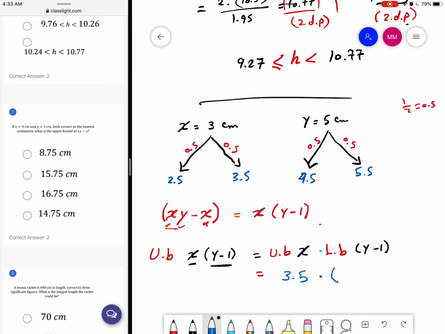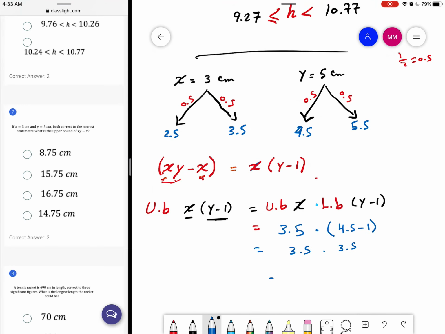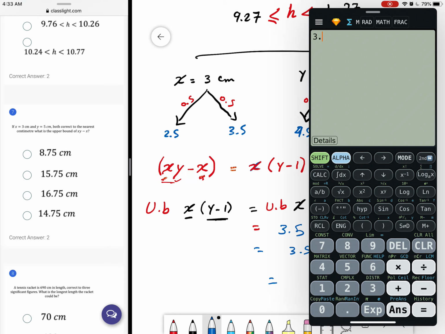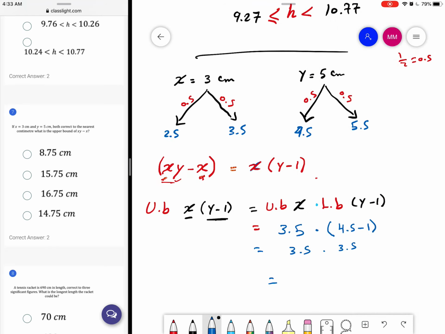So lower bound of y is 4.5 minus 1. 4.5 minus 1 means 3.5, so it will be 3.5 multiplied by 3.5, that means 49/4, which is 12.25. Wait, we made some mistake.